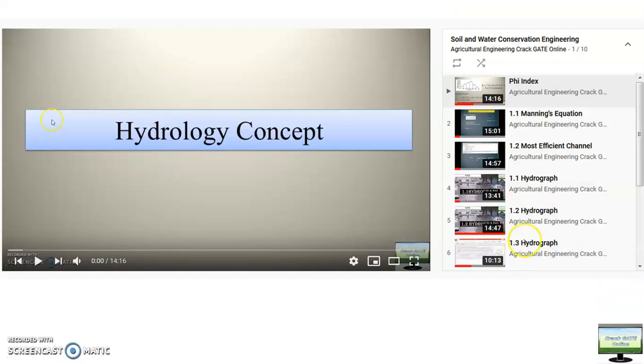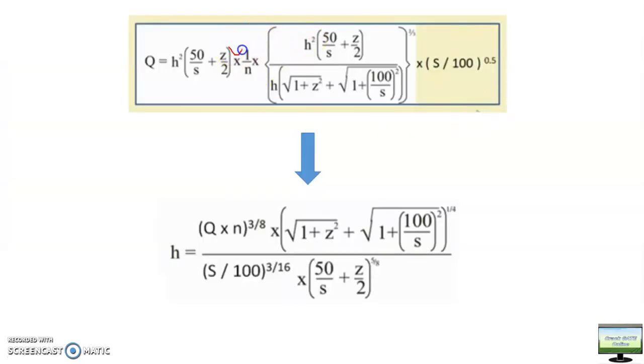Before watching this, you can again watch the Manning's equation video, so these things will be more clear to you. Here you are putting the discharge, this is again the same area, and this is A divided by P. So here you calculated the discharge. Now what do you want?